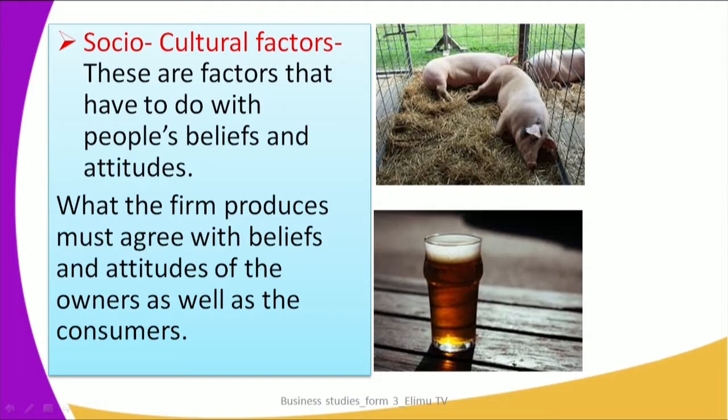So before you set up a business, you should make sure that what the firm is producing is agreed with by the beliefs and the attitudes of the consumers as well as the owners. Because if owners of a company are Christians, they cannot start a business of making alcohol.